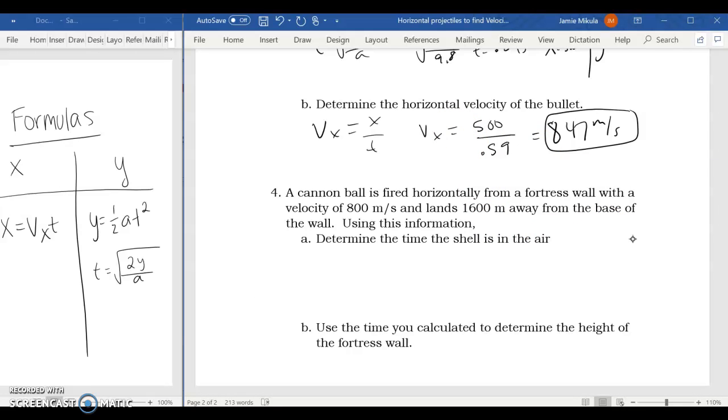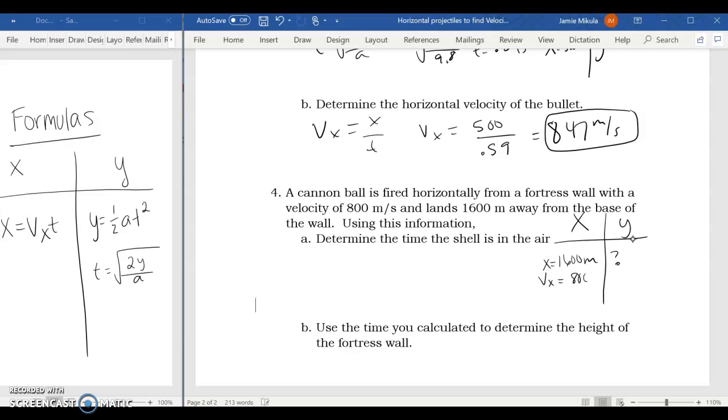All right, so here we're going to list our x's and y's. The x, it lands this far away, so that's the x. In the y direction, we don't have the height, so we don't know. But we do have how fast it was shot out horizontally.